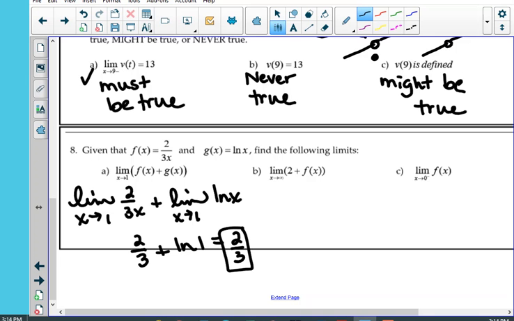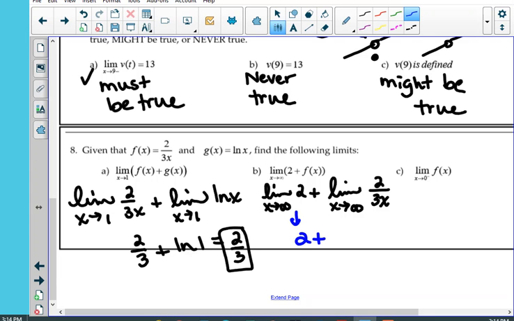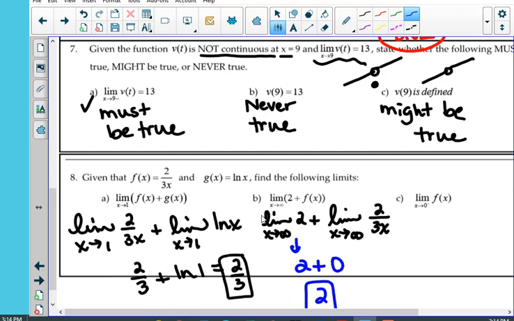Same thing with the sum here. The limit as x approaches infinity of 2 plus the limit as x approaches infinity of 2 over 3x. The limit of a constant is always a constant. In this case, 2 over 3x is bottom heavy, and so that overall value is going to be 2.